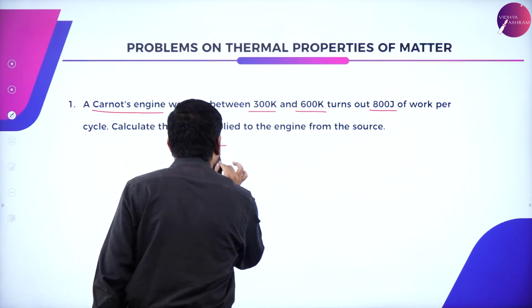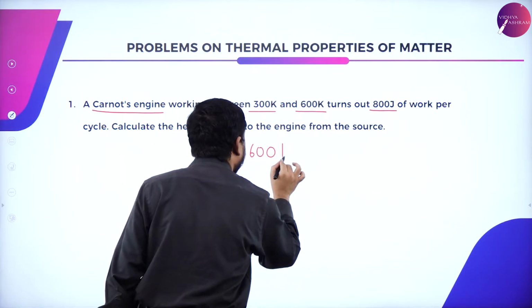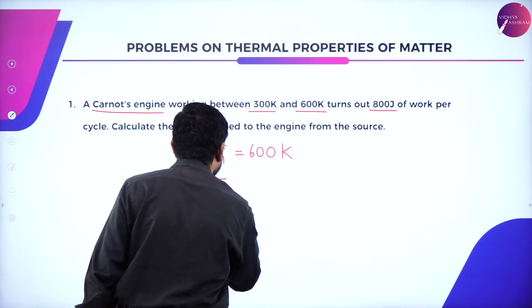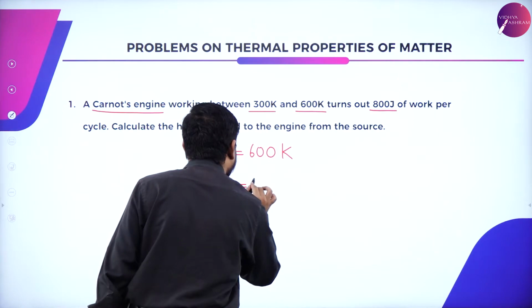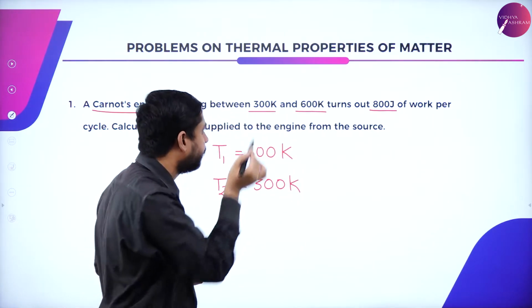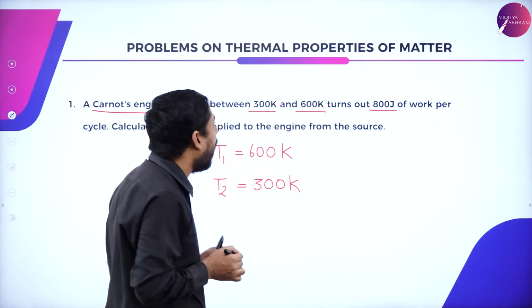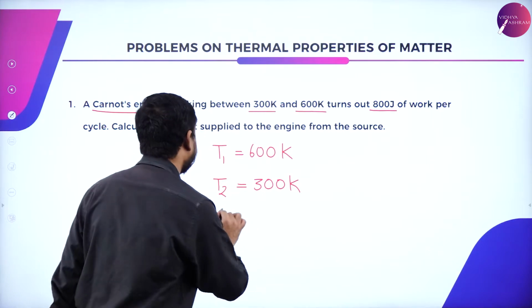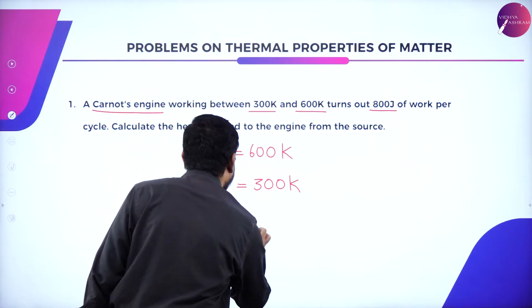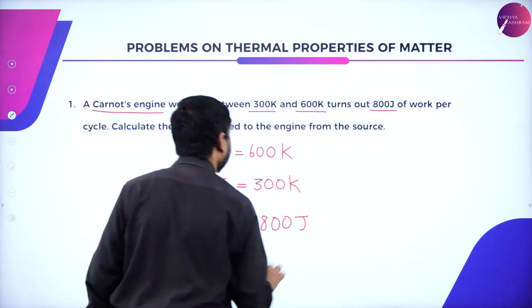So here T1 is 600 Kelvin, T2 is 300 Kelvin, and the work done here is 800 joule.